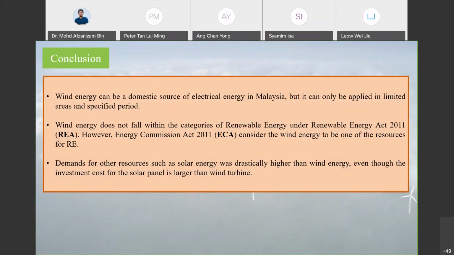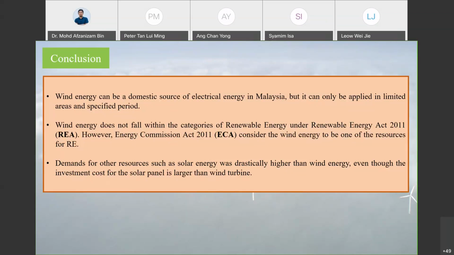So in conclusion, wind energy can be a domestic source of electrical energy in Malaysia, but it can only be applied in limited areas and specified periods. Wind energy does not fall within the category of renewable energy under the Renewable Energy Act 2011. However, the Energy Commission Act 2001 considers wind energy to be one of the renewable energy resources.